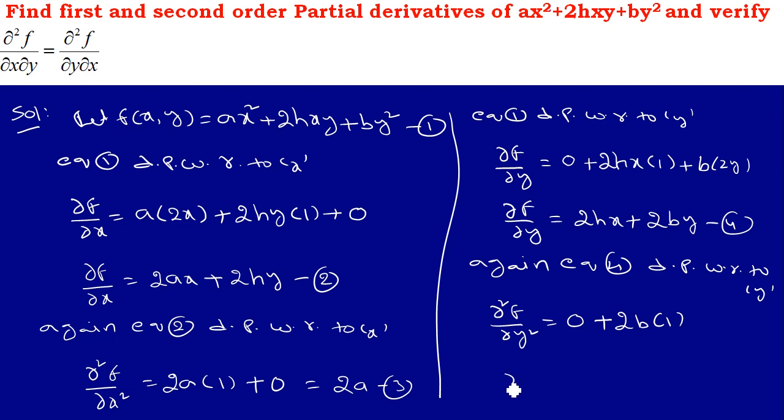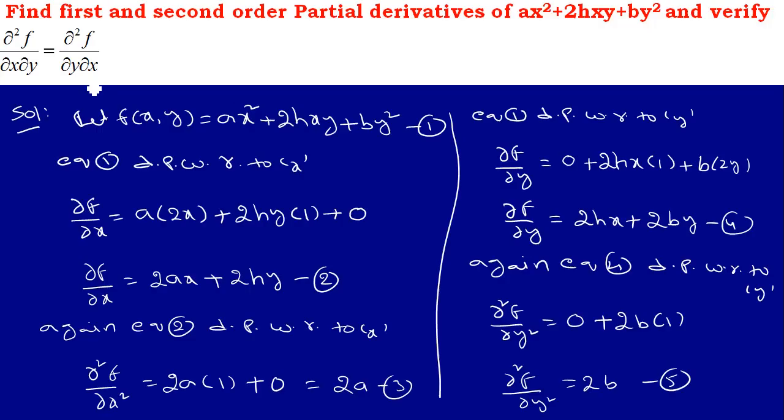Therefore ∂²f/∂y² equals 2b. This is equation 5. Now we find ∂²f/∂x∂y and ∂²f/∂y∂x. Once again we will write ∂f/∂x and ∂f/∂y on the next page.